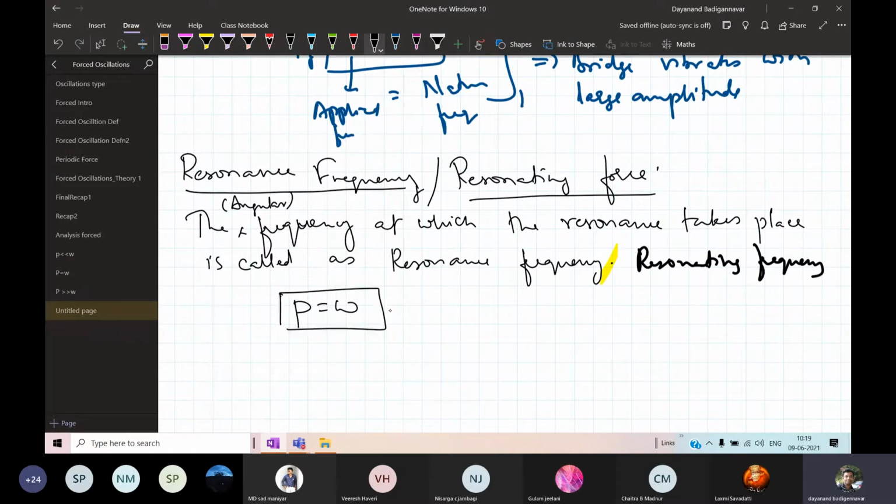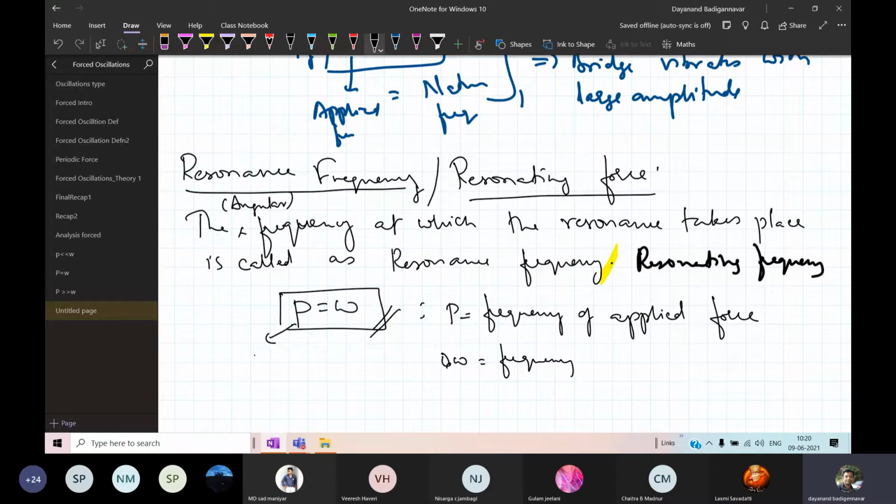P is the frequency of applied force. Omega is the natural frequency of the vibrating body.